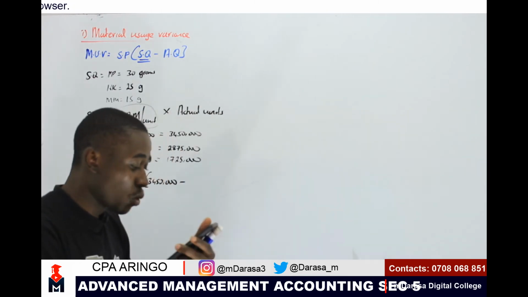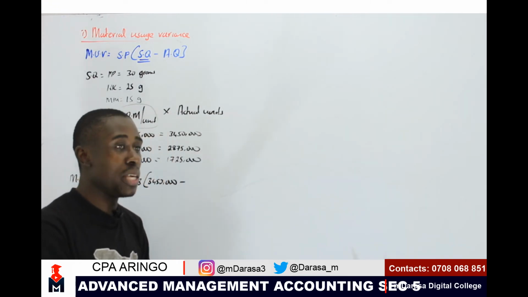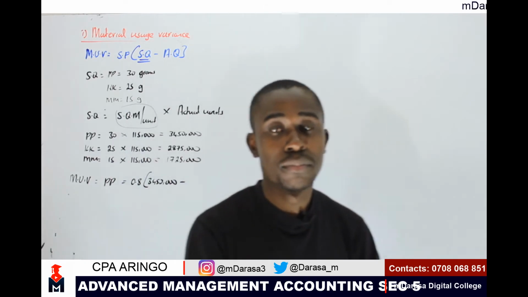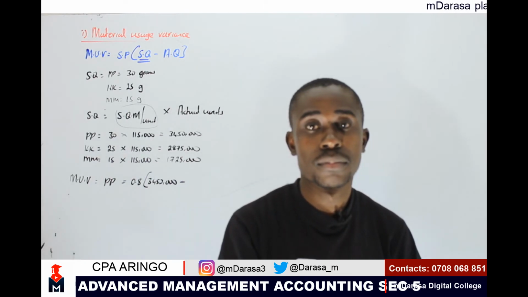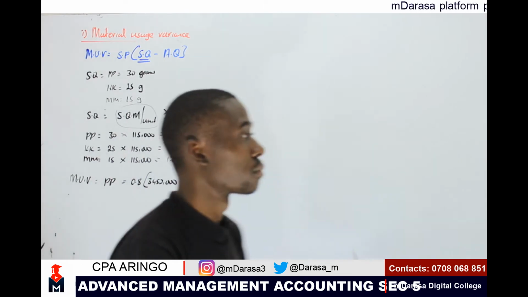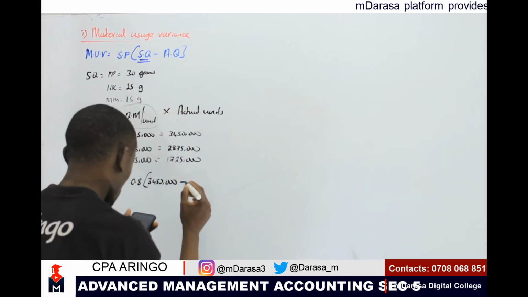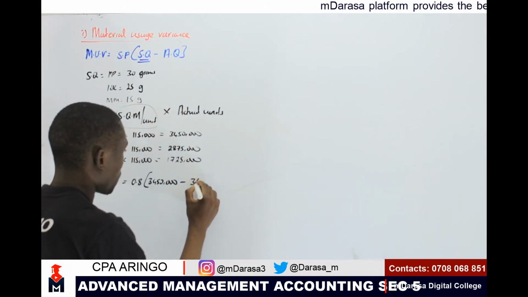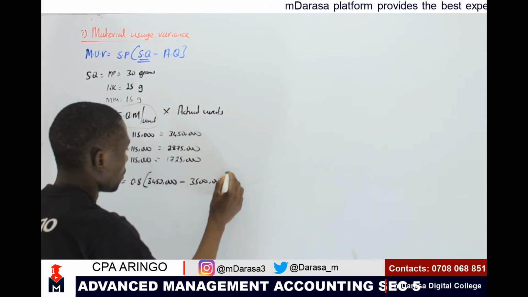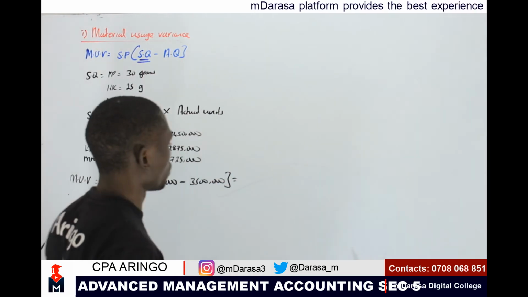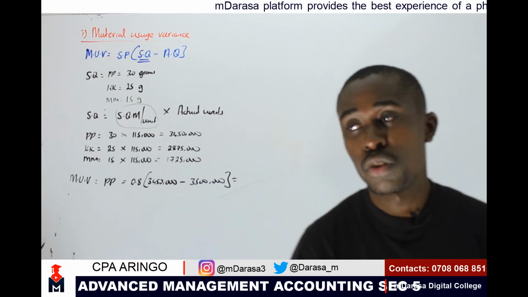So 3500 kg will be equal to how many grams? So that should give us a variance of?